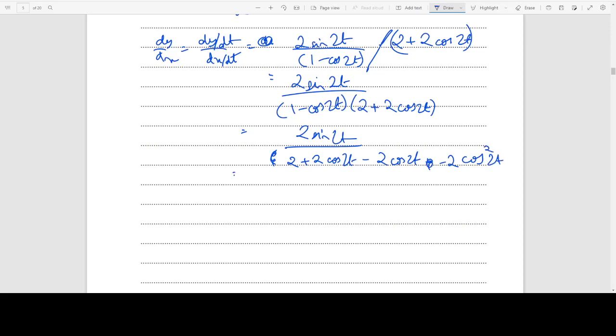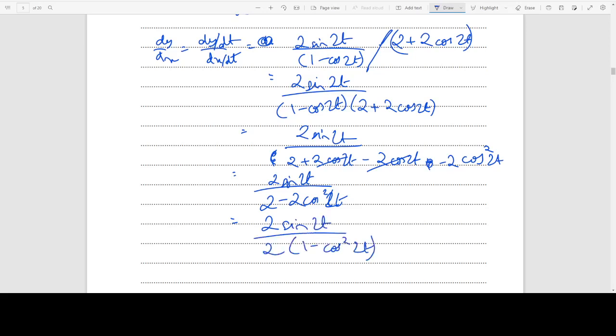So we have 2 sine 2t divided by 2 minus 2 cos square 2t. Plus minus get cancelled, and we have 2 sine 2t divided by 2 times 1 minus cos square 2t, which means 2 gets cancelled, so we have sine 2t divided by 1 minus cos square 2t.